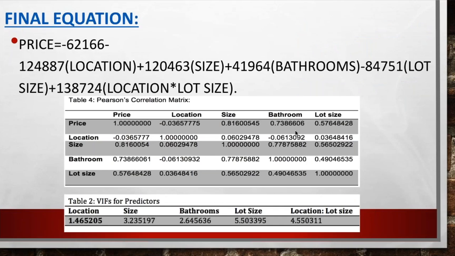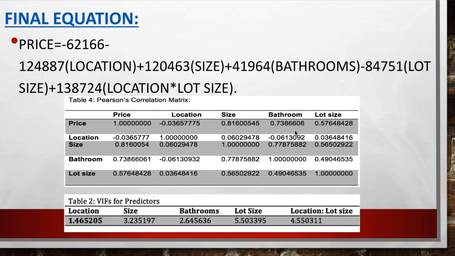Since the R-square adjusted value for the untransformed model was already high, about 0.77, and the predictor variables were all significant, we decided to keep the untransformed model. So our final model has an R-square adjusted value equal to 0.77.